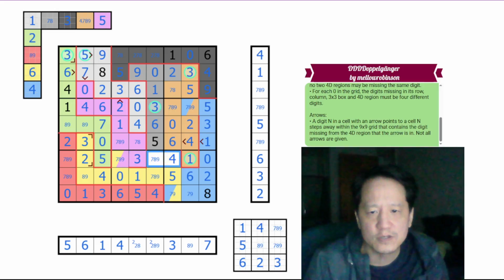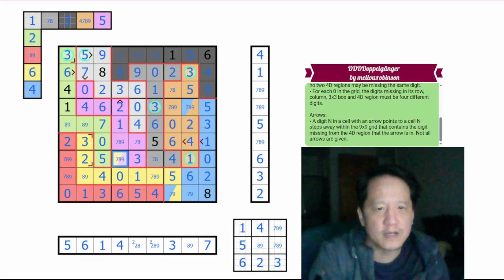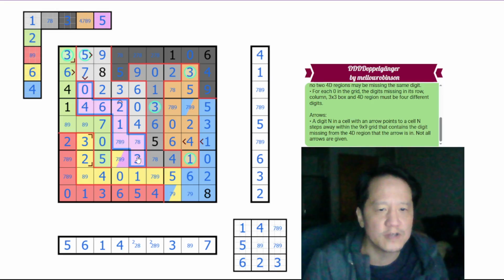So then these are both dark. Since these are both dark, pink has to get access another way. This can't be 9 here. So pink has to access this. So it's 1, 2, 3, 4, 5, 6, 7, 8, 9.